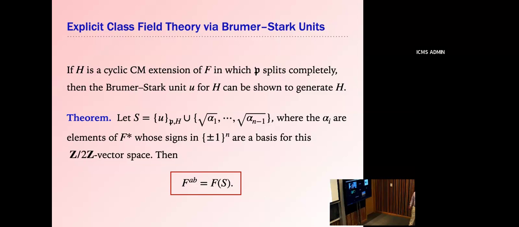So if you could prove the Brumer-Stark conjecture and give an explicit formula for all of the u's, you could say we've provided an explicit class field theory for F, because we've written down explicit elements that generate the maximal abelian extension, in the way that the Kronecker-Weber theorem gave us roots of unity generating the maximal abelian extension of Q.